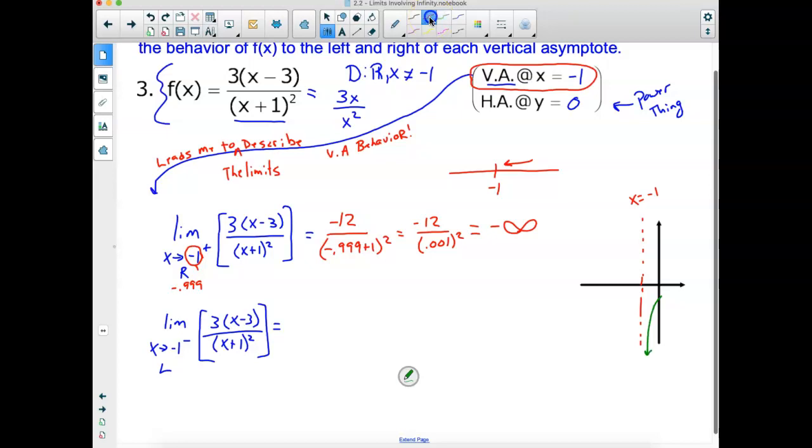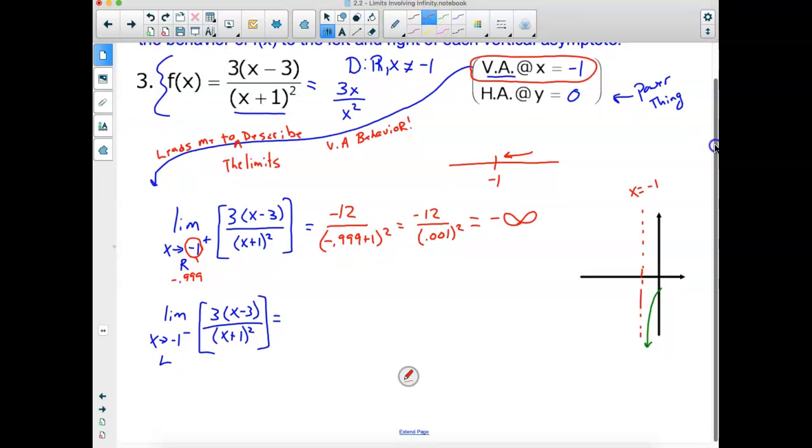Now I'm not going to plug all these numbers in. If I'm approaching from the left side, now I'm really at -1.001, right? I'm getting closer on the other side. So if I plug this in, I'm still going to have -12 on the top. Now if I plug -1.001 in, plus 1, I have -0.001 in there. Technically it's -0.001, but I got to square it, so this whole thing is going to be positive.